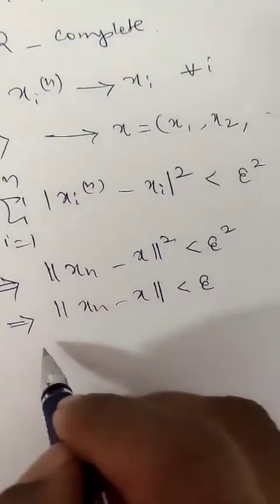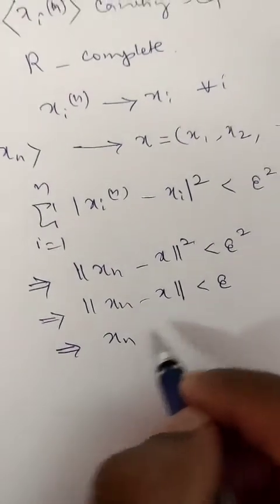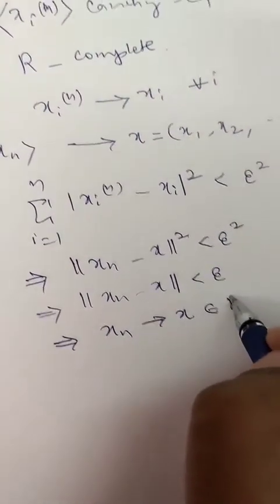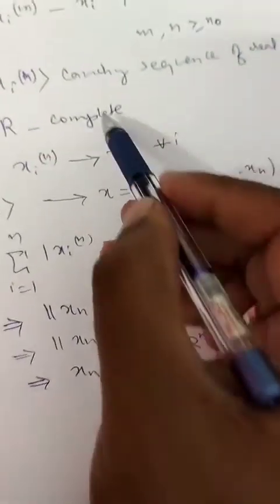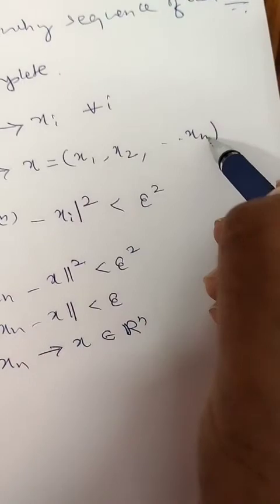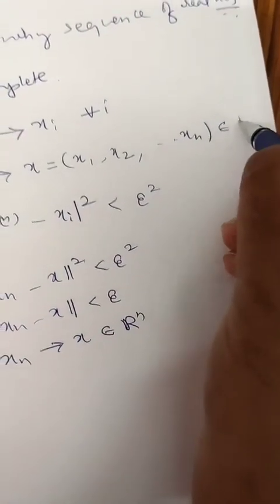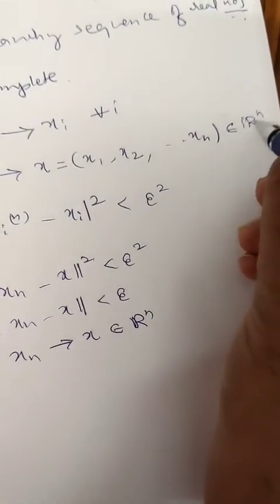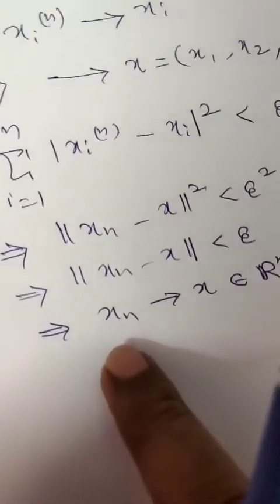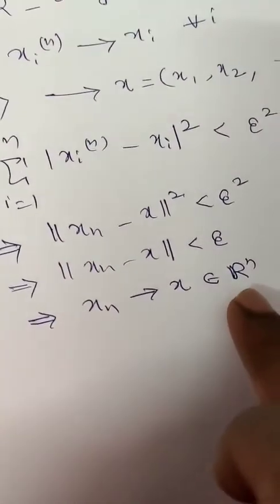This means x_n converges to x, which is an element of R^n, because we have taken x to be the n-tuple of the converging points. They are all real numbers, which means the point is in R^n. So we considered a Cauchy sequence, and it converges to a point in R^n itself.